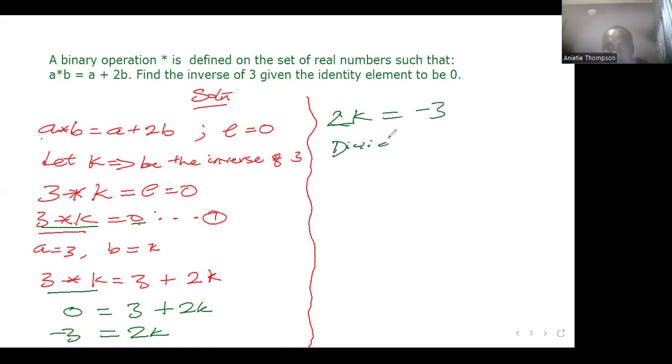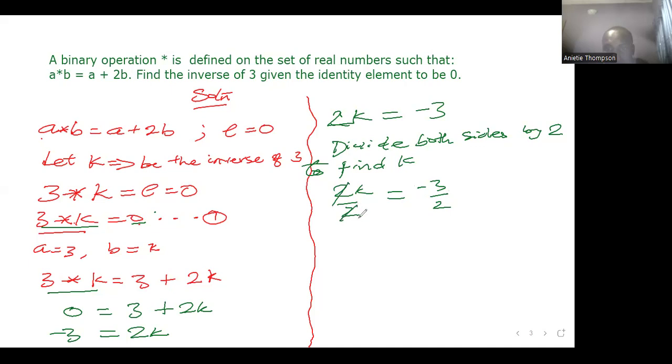We divide both sides by 2 in order to find K. We have 2K all over 2 equals minus 3 all over 2, and the 2 cancels the 2.